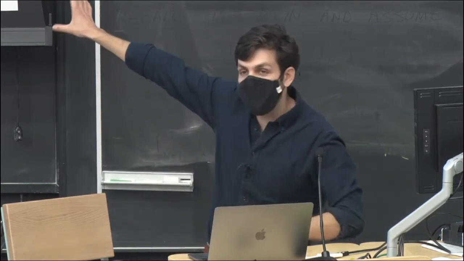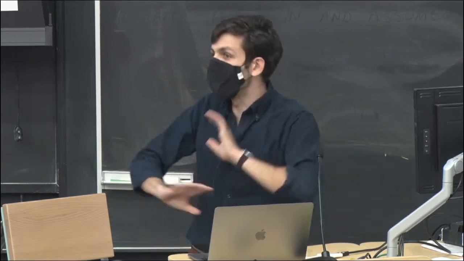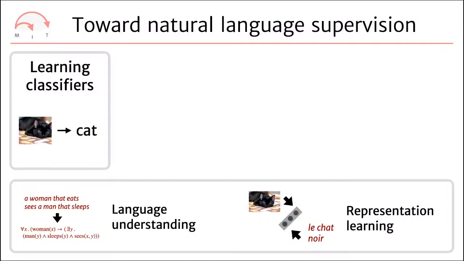And then on the representation learning side, really since the earliest days of the current generation of deep learning models for computer vision, the vision people have been using representations of words and representations of sentences learned from big text corpora as auxiliary supervision for models that are just doing image classification.